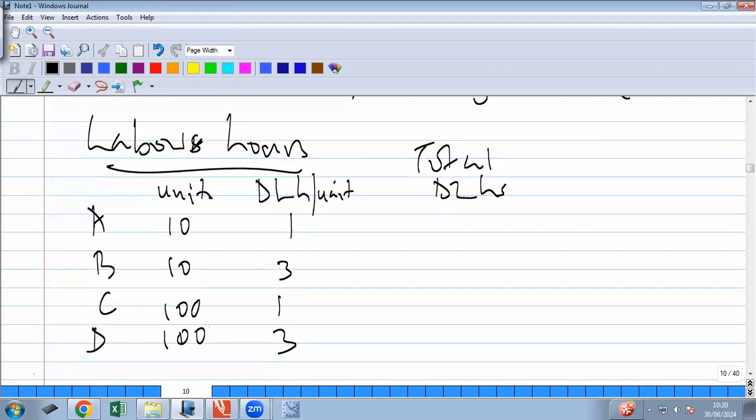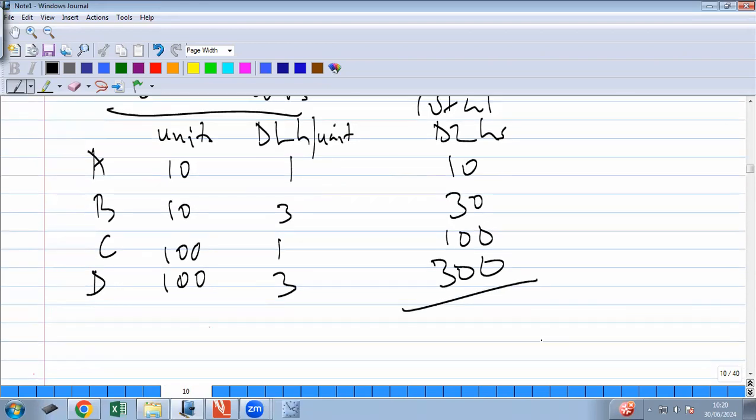So here we have 10, right? Here we have 30. Here we have 100. We have 300. In total, how many do we have? We have 440 hours, right? So for all these activities, you require 440 hours, which is the budgeted activity level.